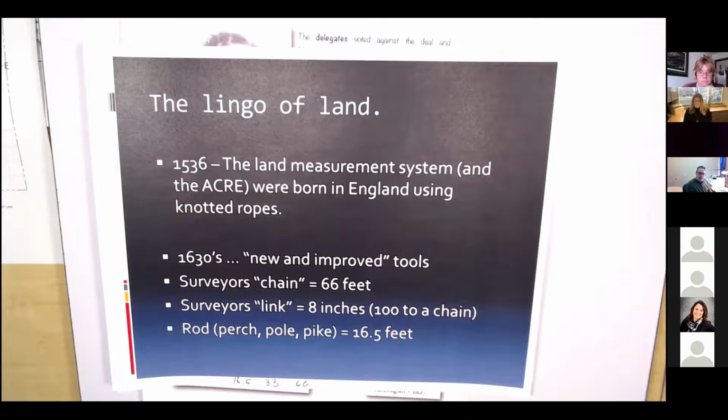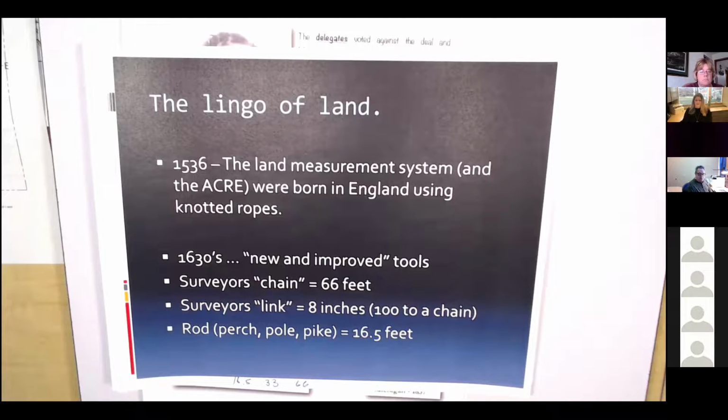concept of land measurement and document recording obviously goes back centuries. The acre, which is the basic unit of measurement, came about in England back in the 1500s, and they obviously needed a unit of measurement, and they started out by using simply a knotted rope, and everybody had a knotted rope that was the same length, and they used multiples of that for their measurement.